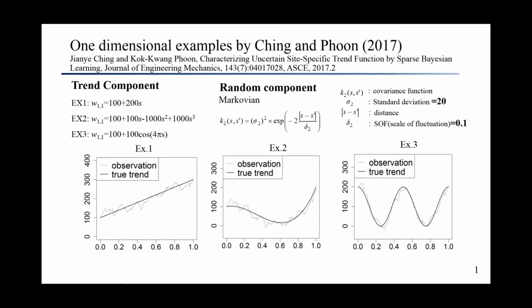There are three examples: a linear trend component, a third polynomial trend component, and a cosine trend component. Around the trend component, random components are generated using Markovian covariance. And this is hypothetical data, so we know the true value. Standard deviation is 20 and SOF is 0.1.